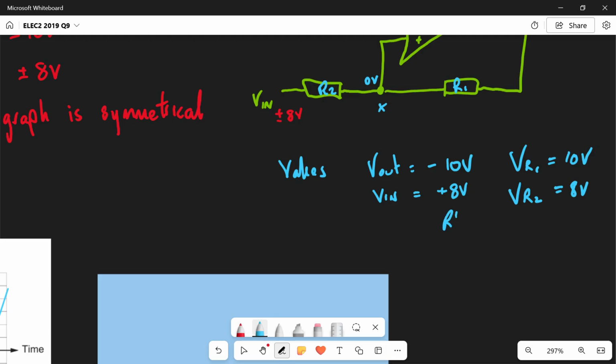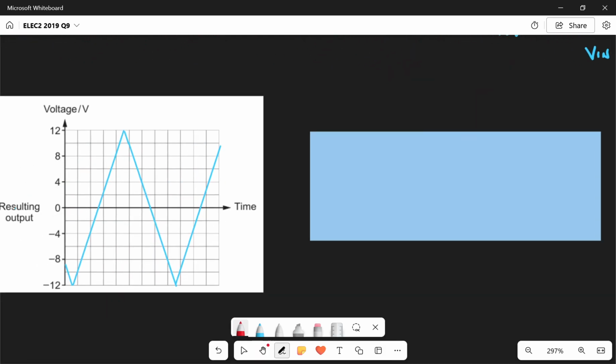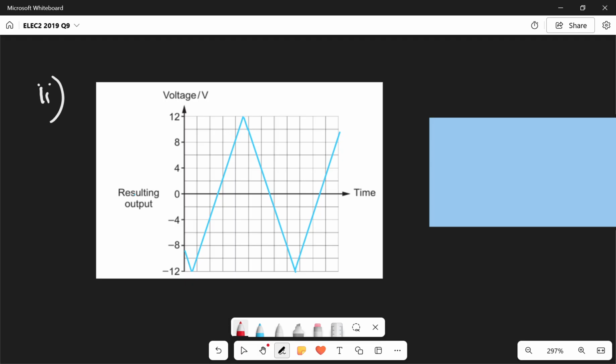Well, that means that essentially R1 over R2 is going to be 10 over 8, which means we can give it some nice easy values. R2 is 8k, in fact no, let's make that 80k, and there's a reason for that. Remember, the smallest value you should be using is 10k, and we make R1 100k. Okay, on to the last question.